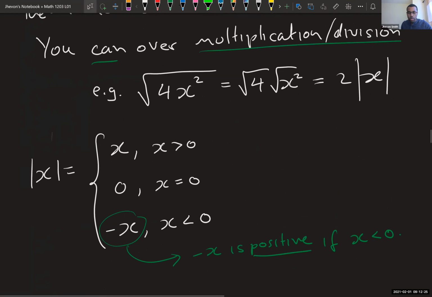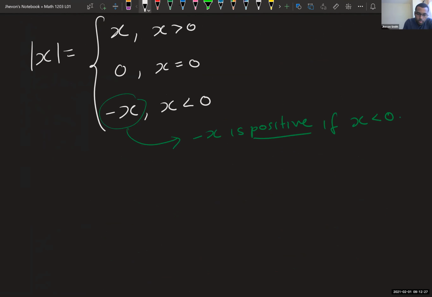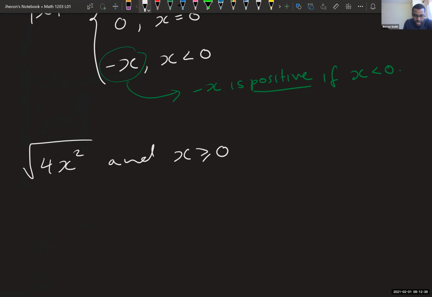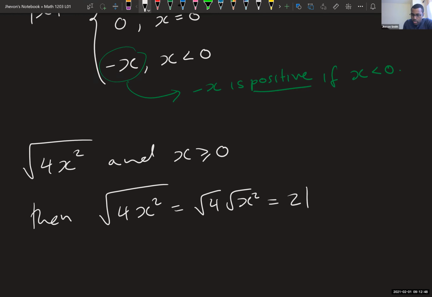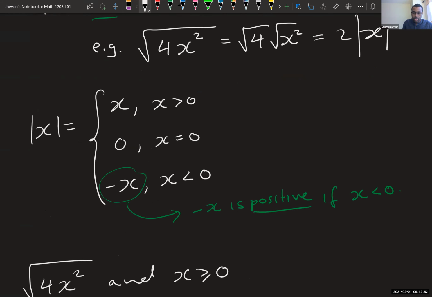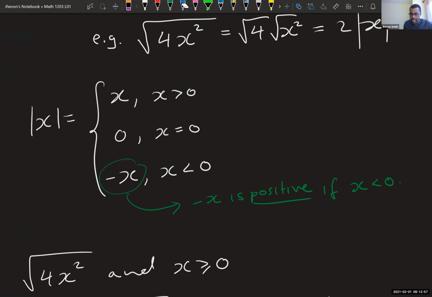If I had told you ahead of time that our x was already positive, then you can forget about the absolute values, because then you could do this. This would be 2 times the absolute value of x. But since the x is positive, this part of the definition takes effect, and you can actually replace the absolute value with x.